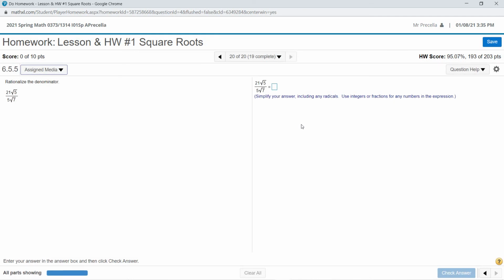Let's do another one. Number 20 says rationalize the denominator. Let me write that down. Is that a 21 square root of 5 all over 5 square root of 7?